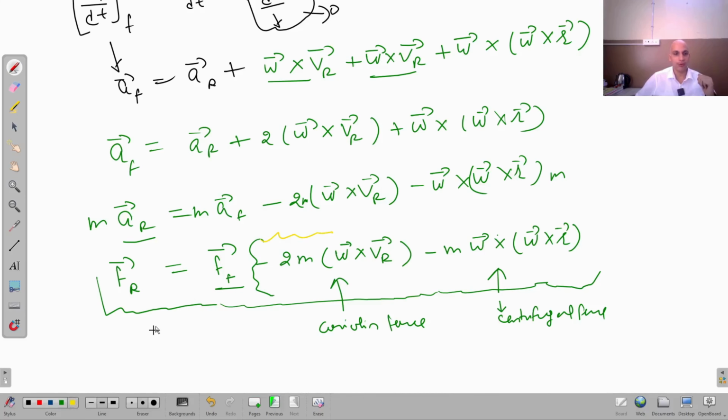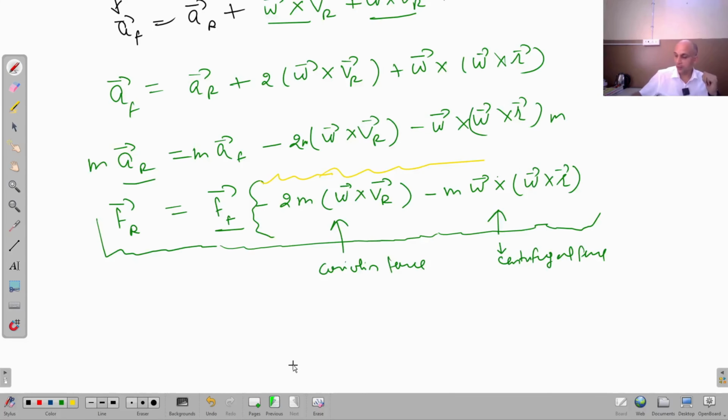I am separating these two forces here. We can even write it as F rotating is equal to F fixed plus F Coriolis plus F centrifugal, right? So this is the expression that we have derived, that was asked in the examination.